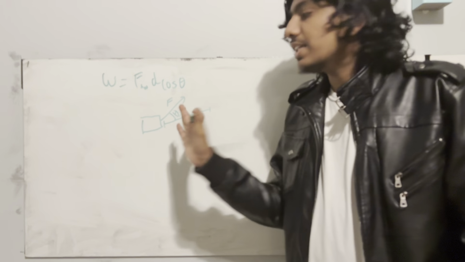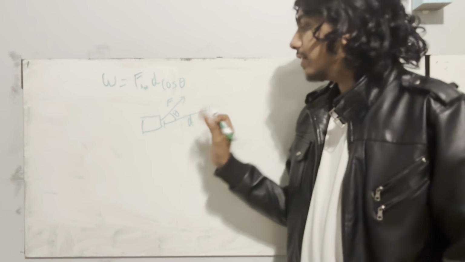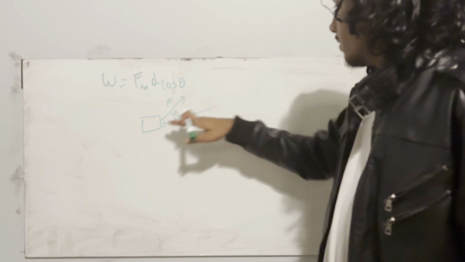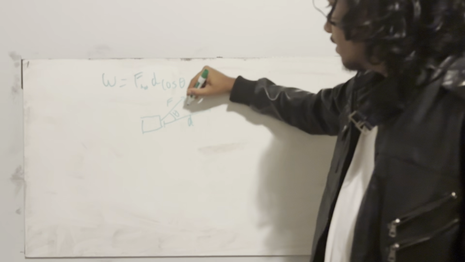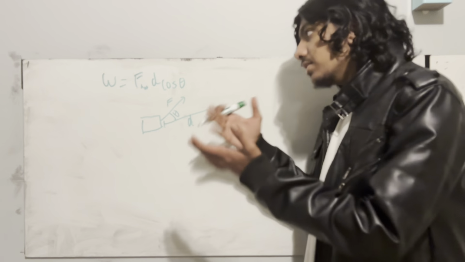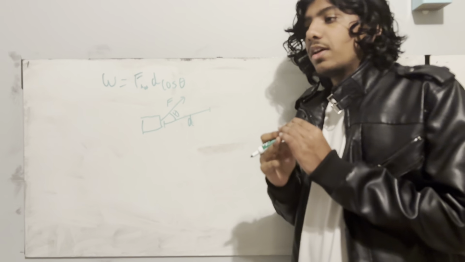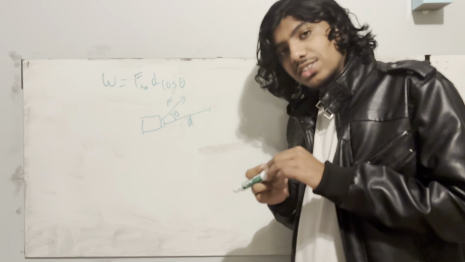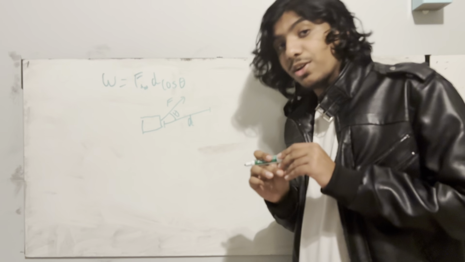Basically that is finding the projection along d. Take the projection along d, multiply it with d itself, and that's your work.